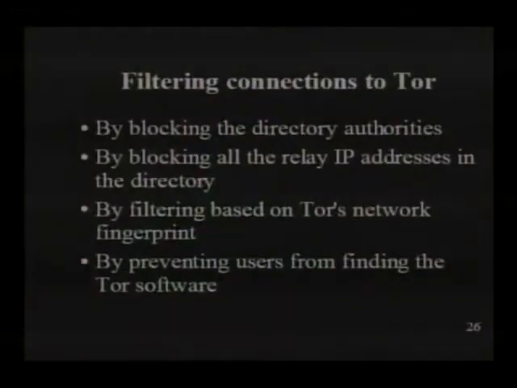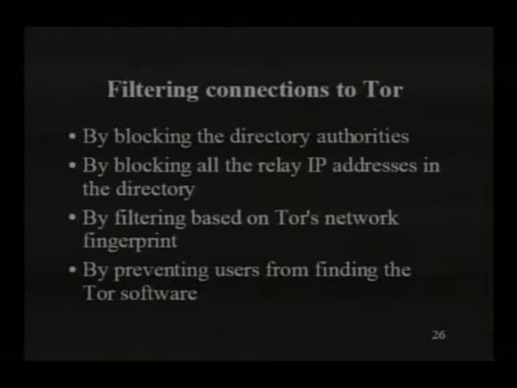And if that doesn't work, go fetch the whole directory, and there are 1,500 IP addresses in there, and just put all 1,500 into your network filter, and now you're done. Another option is if you can figure out that the encrypted connection you're seeing is a Tor connection, then you just hang up on it. You say, that's not really SSL, that's a Tor connection. We've mostly fixed that one at this point, but there's still an arms race.